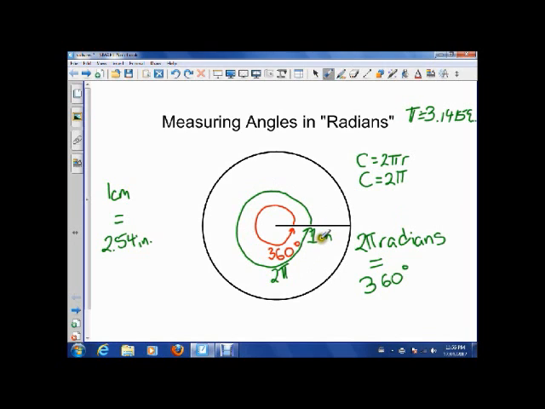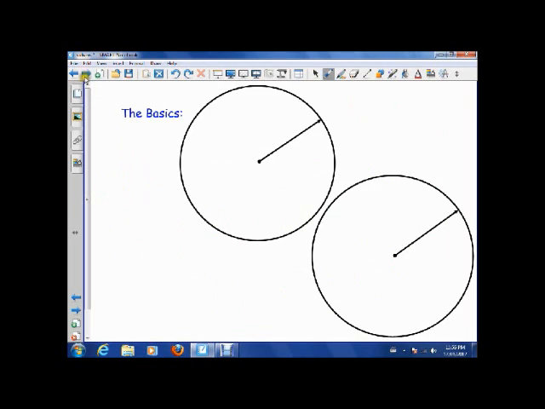Now let's take a look at why they're called radians. Here I've got a circle with a radius, which I'll call r. Imagine I take another radius and draw it at a very specific place so that this distance here is also the radius.